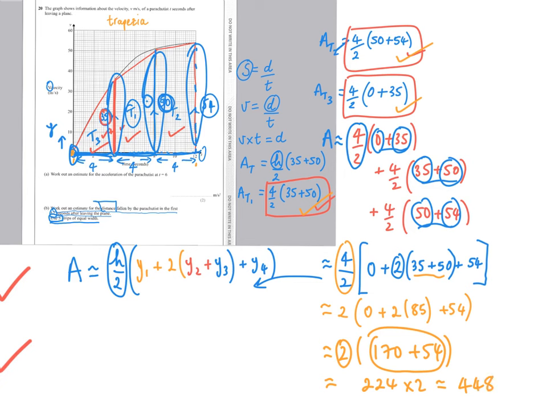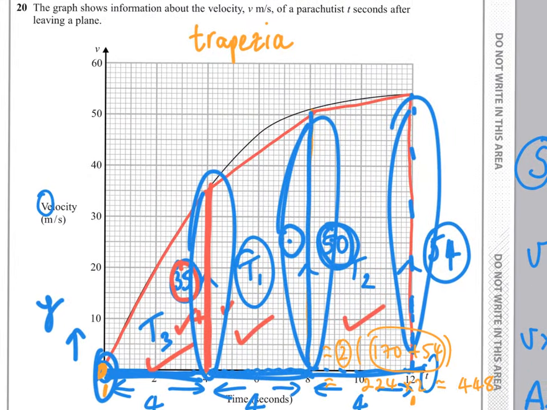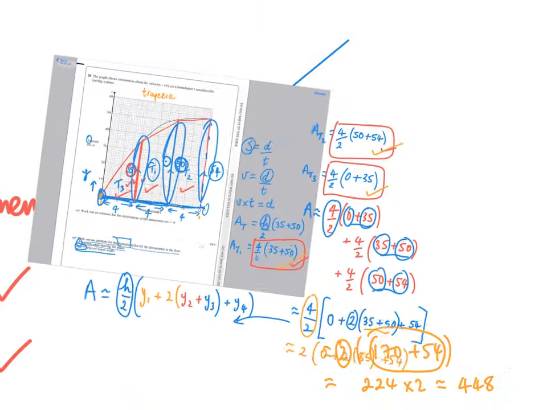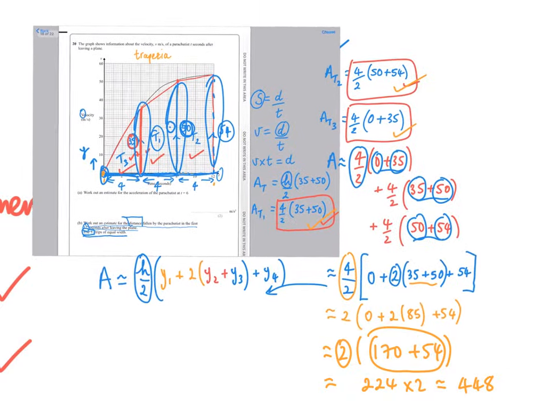Now, reviewing this question, I can see one little error that I made, and that is here. It's a bit silly of me, but I can just see it now. This wasn't 50, was it? It was 51, so I just have to go back here. God, what a mess this is. Let's have a look.